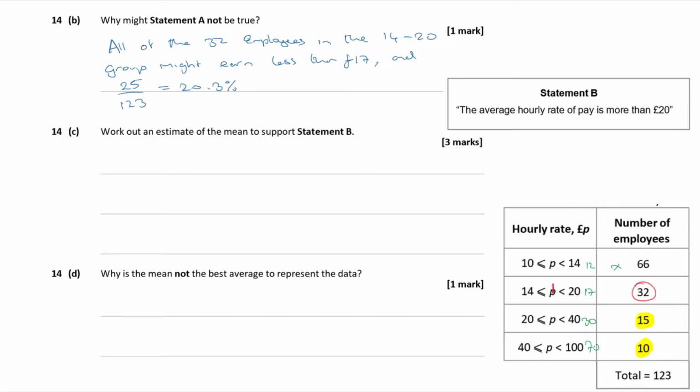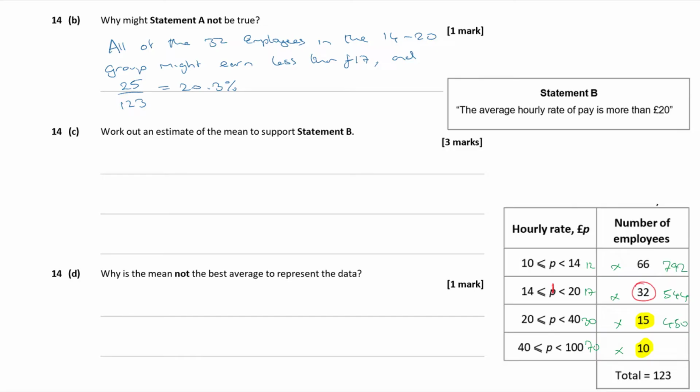Okay, and if we multiply through then, so 12 times 66 is 792. 17 times 32 is 544. 30 times 15 comes to 450.